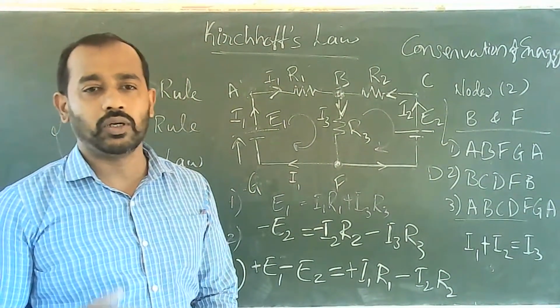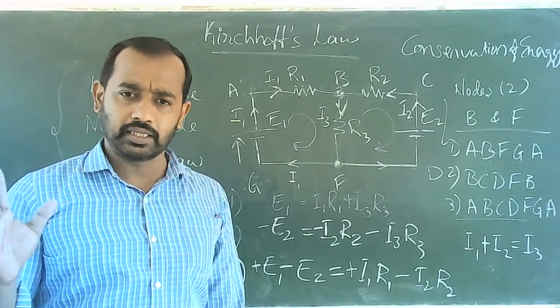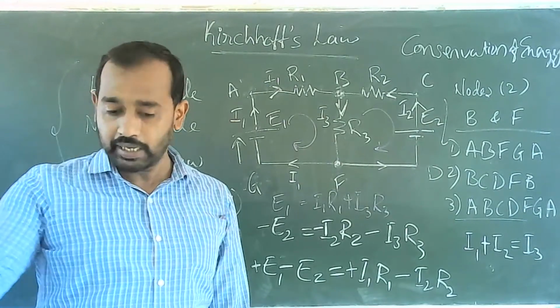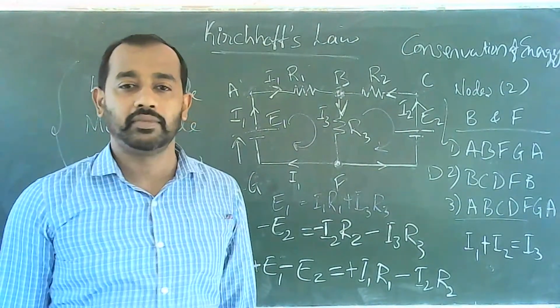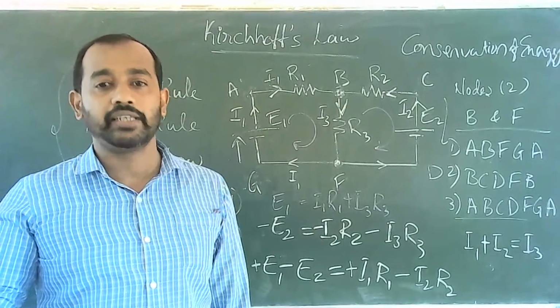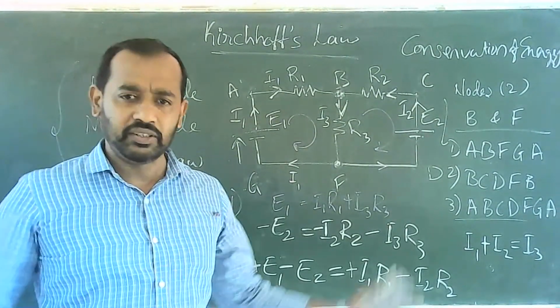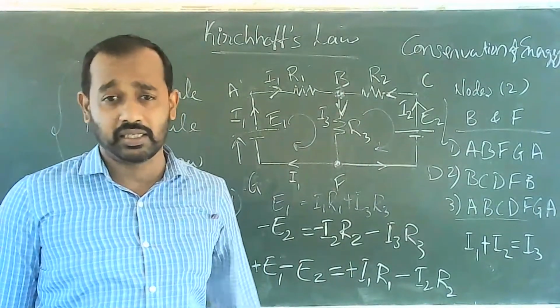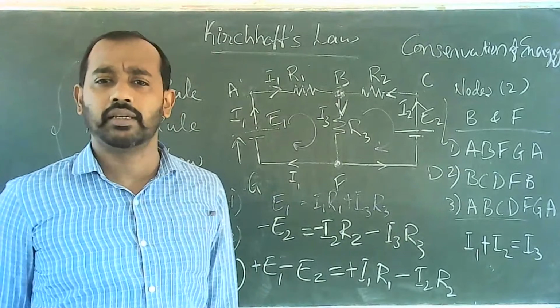If possible, try to solve some simple problems. Most of the time, Kirchhoff's rules make it easier to find the values of the current than the application of Ohm's law. If you want to use Ohm's law, you have to find the effective resistance, and then all the mathematics becomes more tedious.